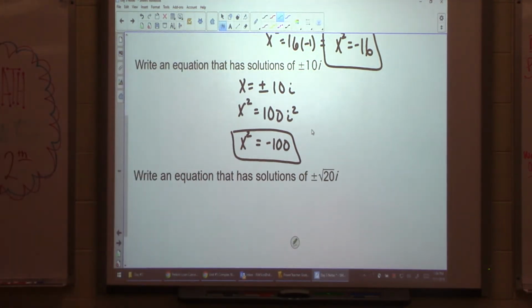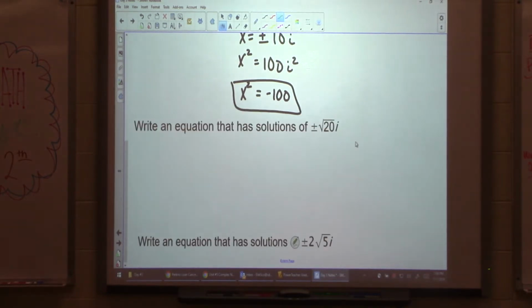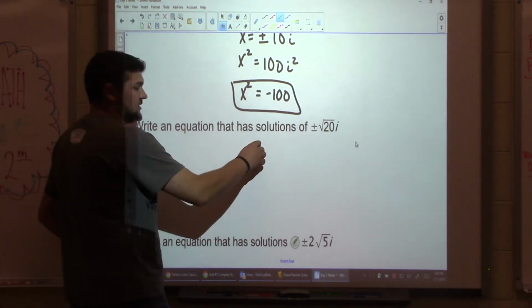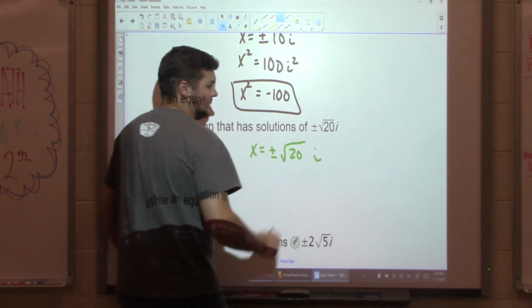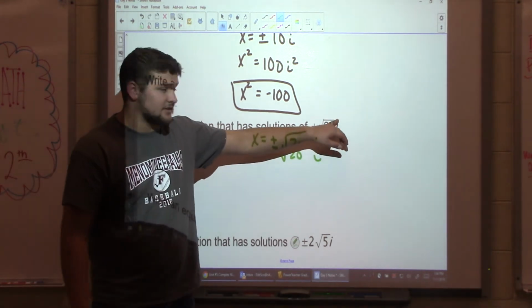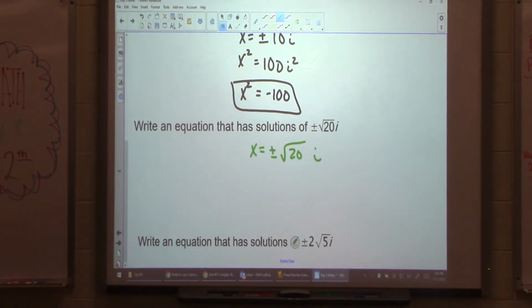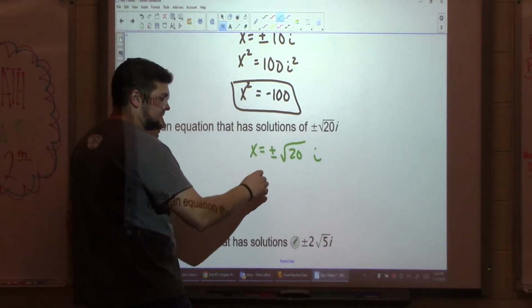Write an equation that has solutions of positive and negative square root of 20 i. Okay, I'm going to do the same thing. x equals positive negative square root of 20 i. i is not under the radical, notice. Well, how would I do this one? Square both sides, right? It's still fine. If I square this side, I still get x squared.